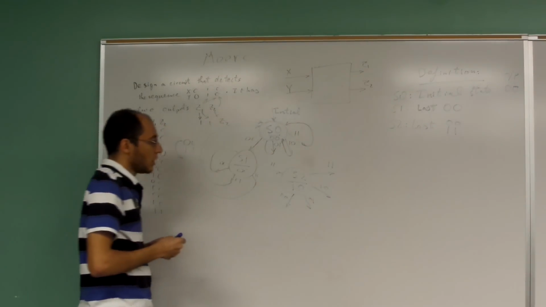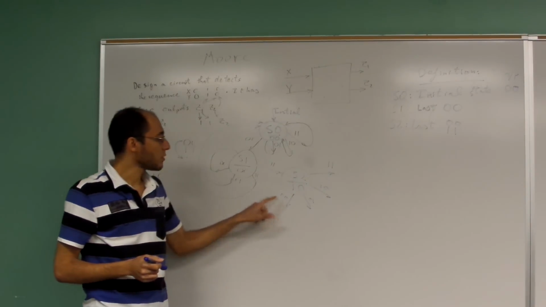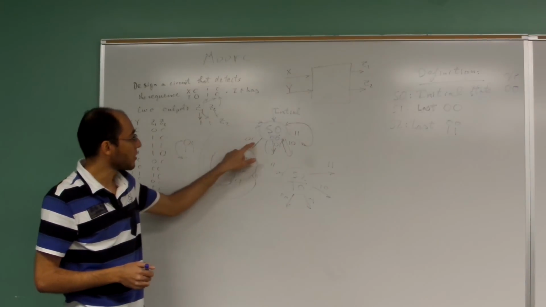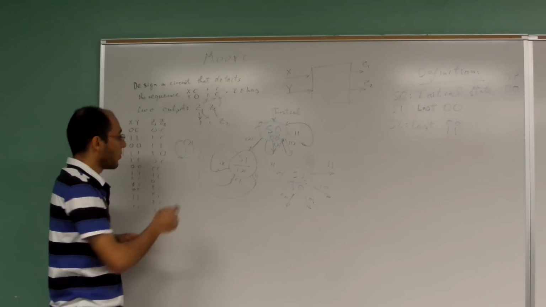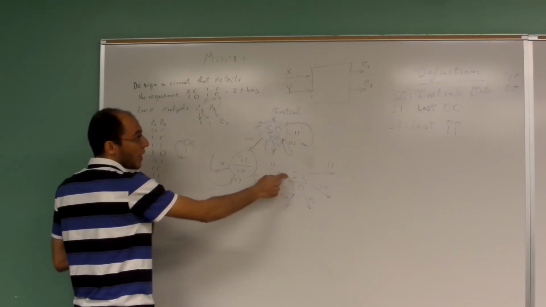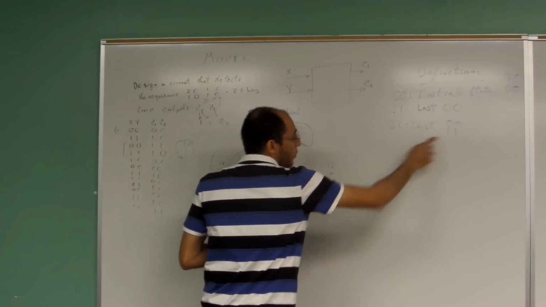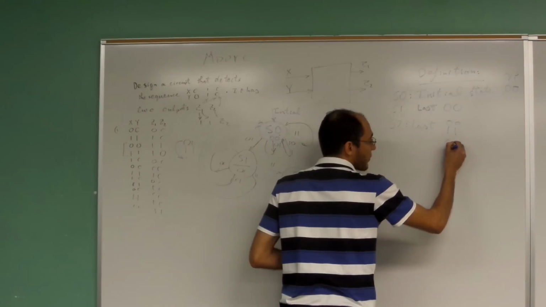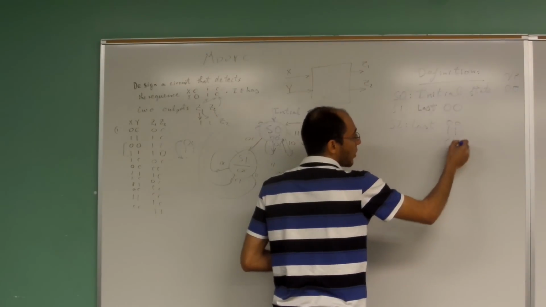So, 0, 0. Is it a part of the sequence that I'm looking for? Well, yes: 0, 0, 1, 1, and then 0, 0. So far, when I'm at S2, I have received 0, 0 followed by 1, 1. So receiving a 0, 0 here again means that I have received 0, 0, 1, 1, 0, 0.